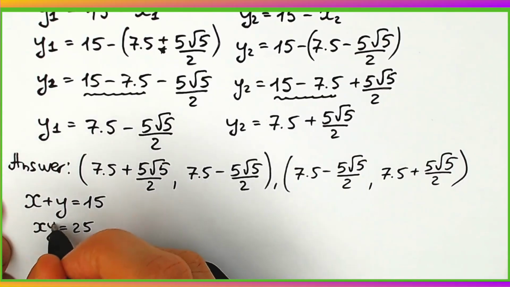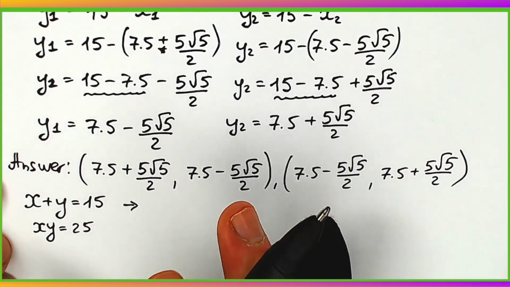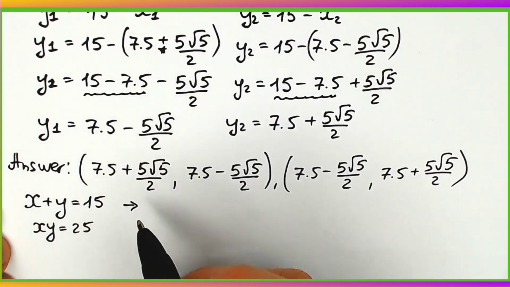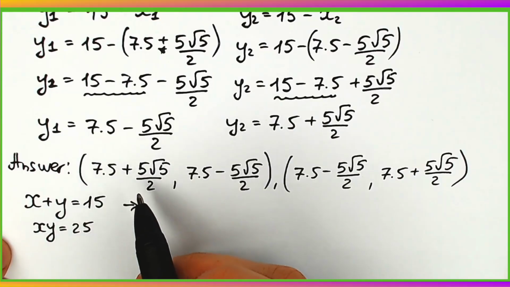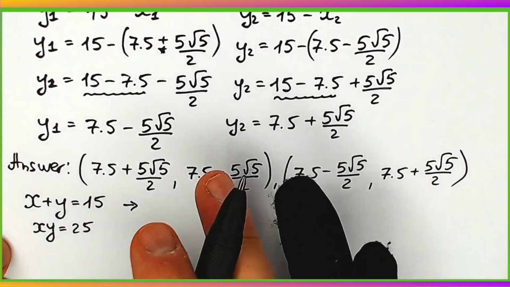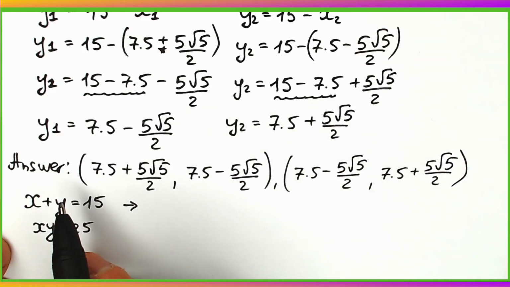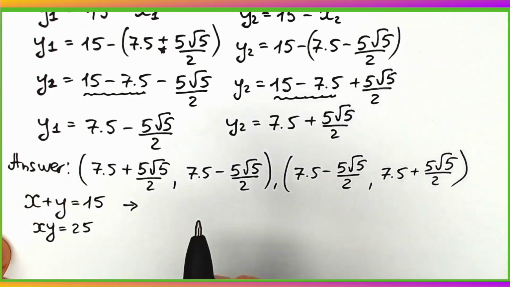Right now, let's check real quick, for example, addition at first. And addition is also a really interesting and great mathematical operation, because we don't need to check both of these pairs. We can check only one of them, because our pairs are absolutely symmetrical, and x plus y is the same as y plus x. So we will have absolutely the same answer.